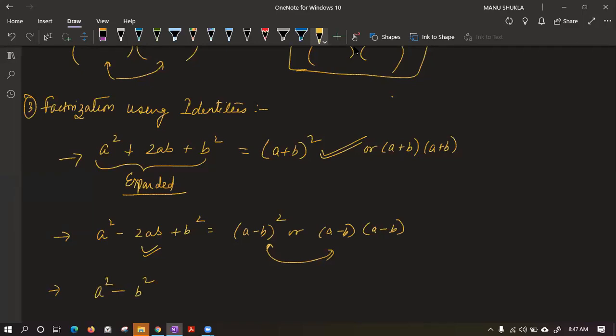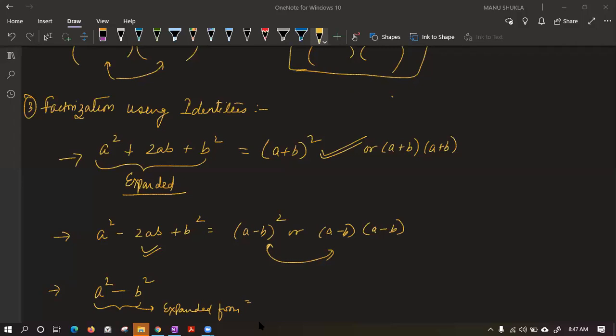The last that we will use right now is this one, a square minus b square. If you observe, this is also an expanded form. This is not the factorized form. So class, tell me, what is the factorized form for this expression? For a square minus b square, how do we write its factors?